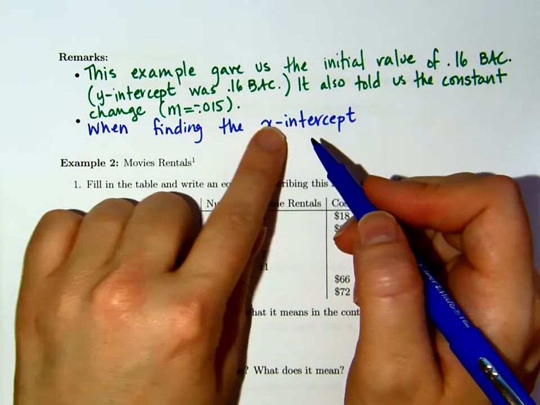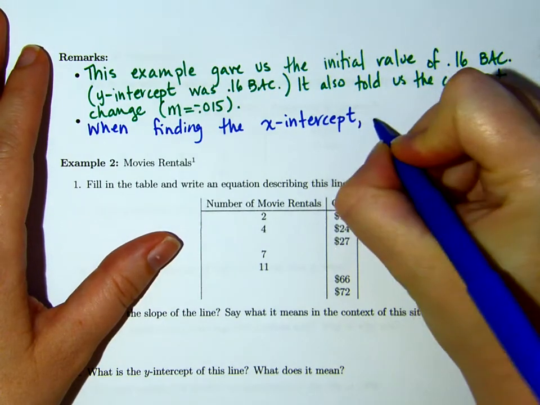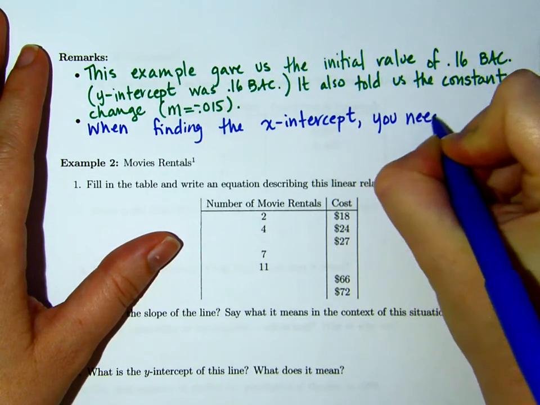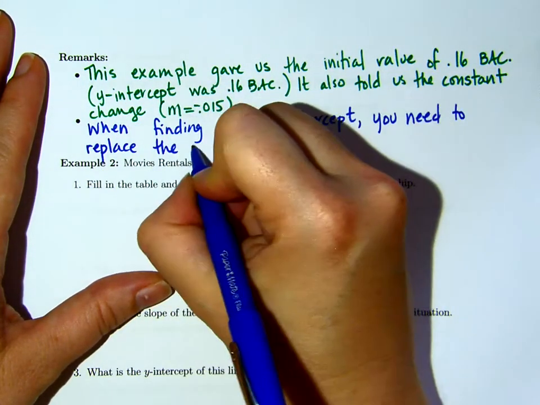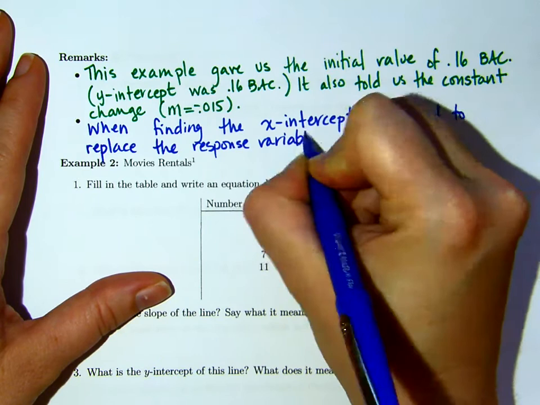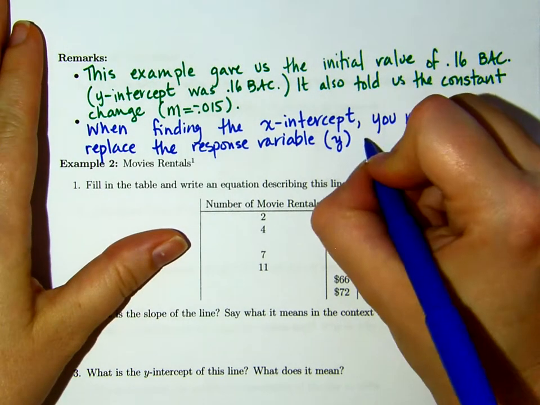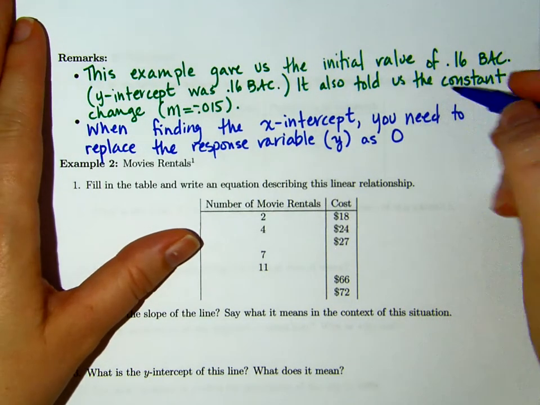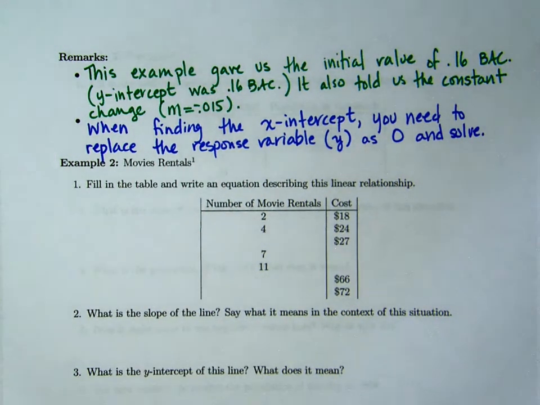But when finding the x-intercept, you need to replace the response variable, sometimes known as the y variable, with 0 and solve. Okay, so in this case, we plugged in 0 for the BAC and solved to find h.